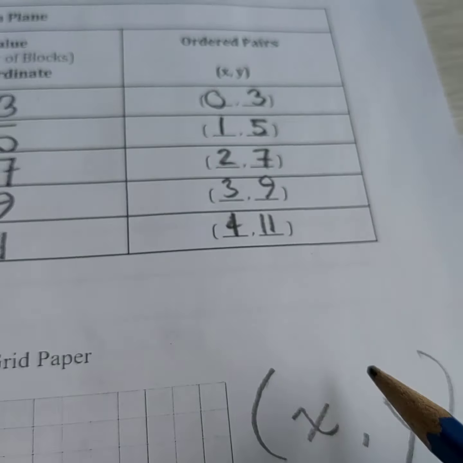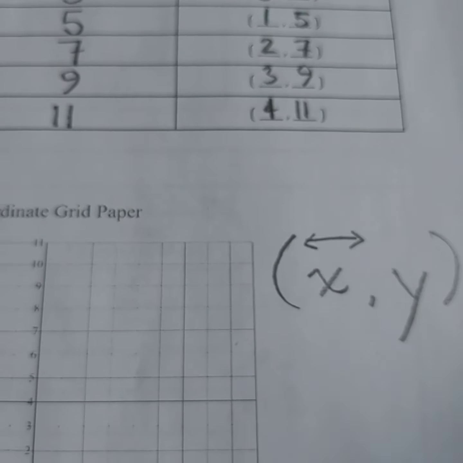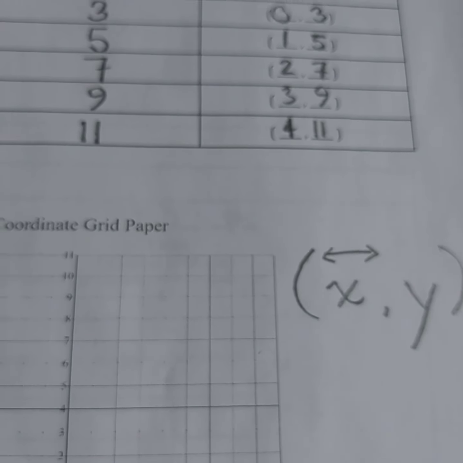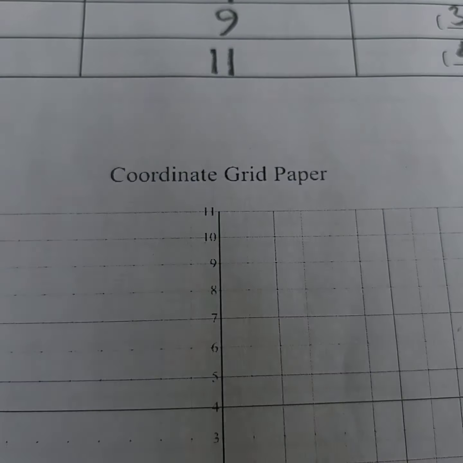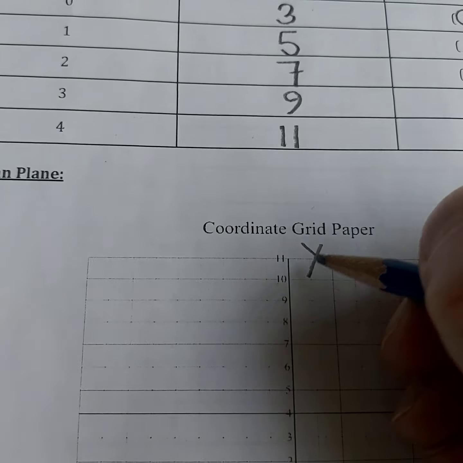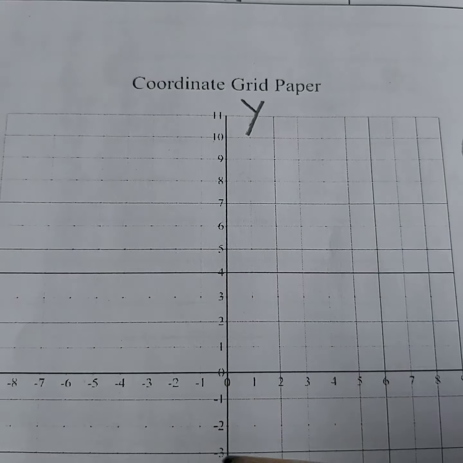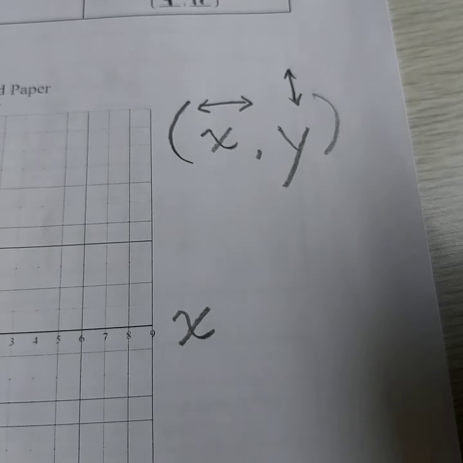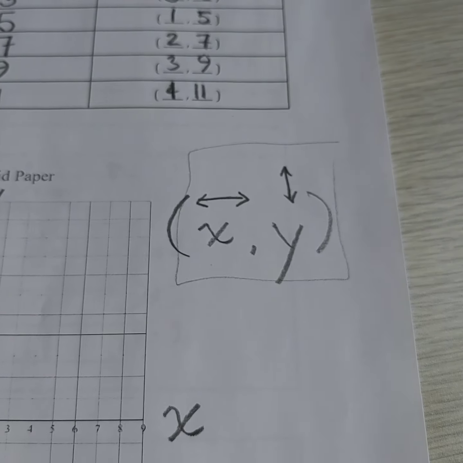I just put these arrows here to remind myself, okay, x coordinates always come first, and that means you move left or right first before you do anything else. And likewise, y runs vertically, up and down. This is the y-axis. So the y coordinates tell me how far up or down I need to move. I'm using this arrow just as a little reminder.